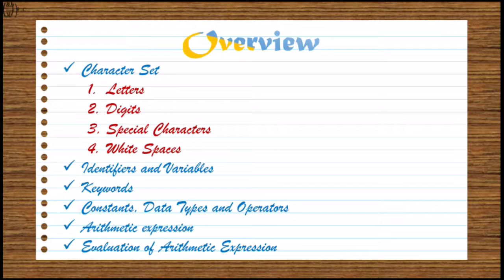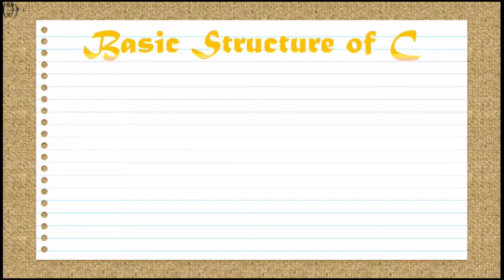So before starting with how C program is created, we must know the basic structure of C program. Basic C program is divided into various sections. Every C program has certain compulsory part and certain optional part.